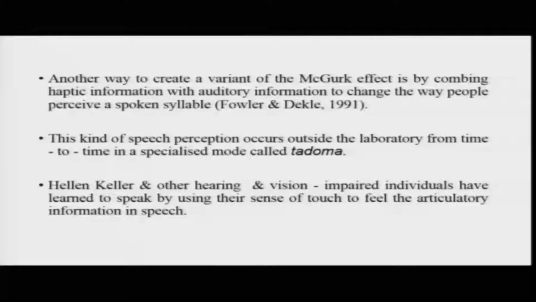This kind of speech perception is referred to as Tadoma. It happens in specialized laboratory conditions from time to time, and the idea is that when the person is speaking, you keep your palm in front of their mouth, so you get the gesture that the person is going to say.